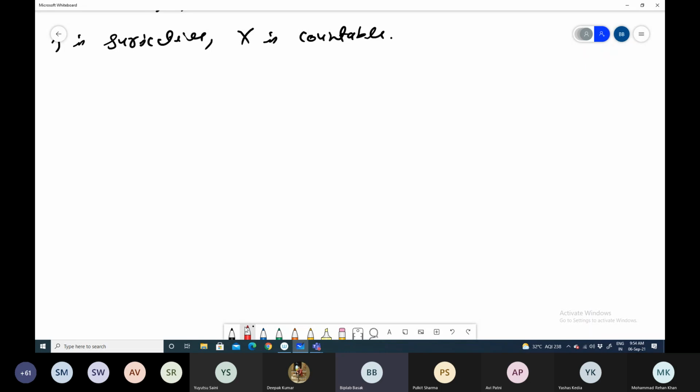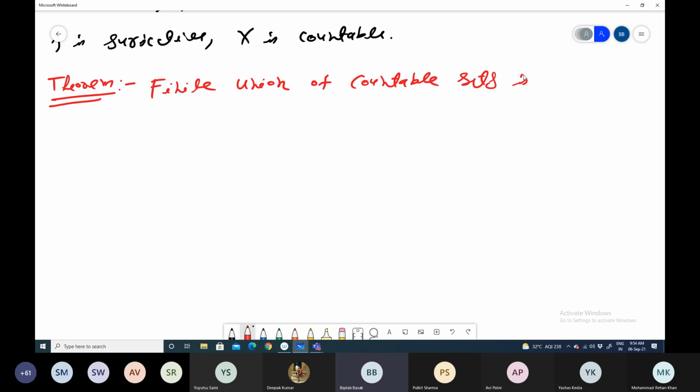Now we can see another theorem that is very simple. A finite union of countable sets is countable. Now can you give me a quick proof by using the corollary?